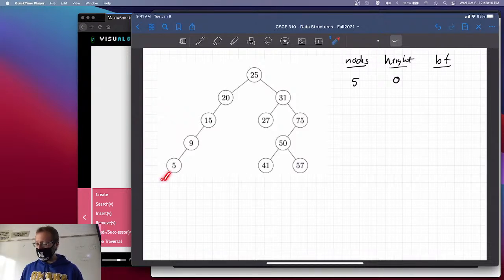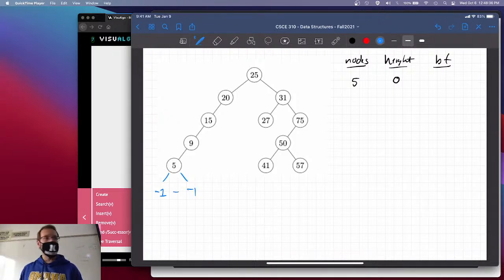What about its balance factor? You take the height of its left subtree and the height of its right subtree, and you take the difference. So what's the height of its left subtree here? There's nothing there, so what did we say the height of an empty tree is? -1.